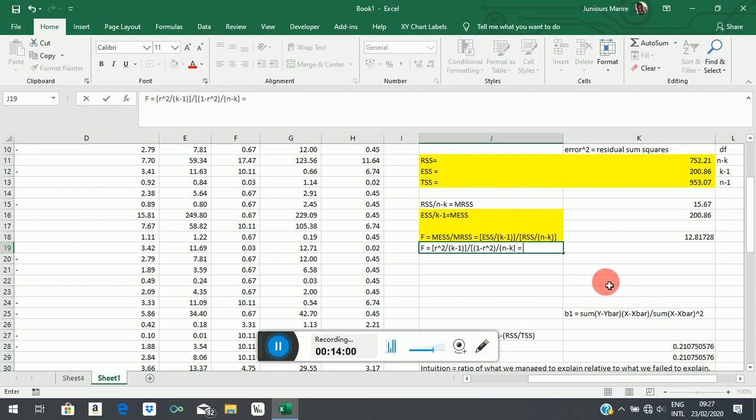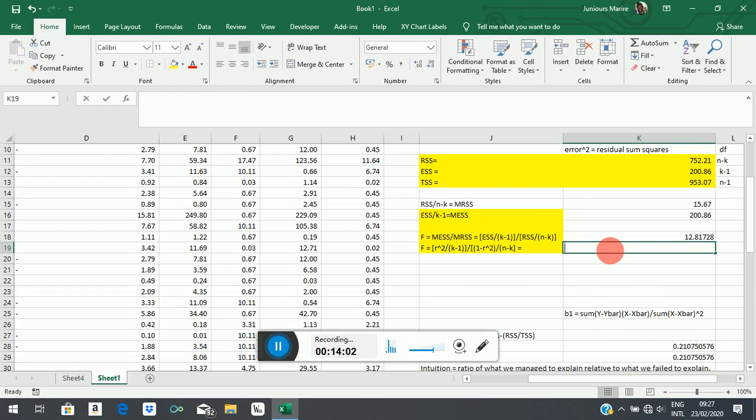So what is that? So this is equal to, let's have that, I will have one bracket. So this is our R squared over our K minus 1, our numerator degrees of freedom. K minus 1 is 2 minus 1, right? It was 1.